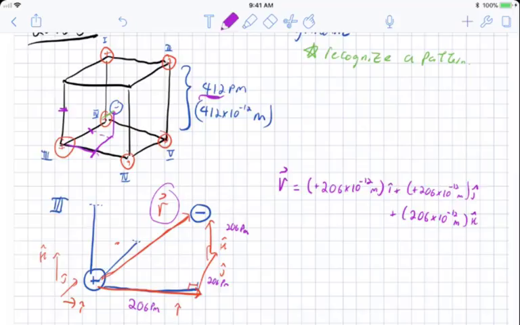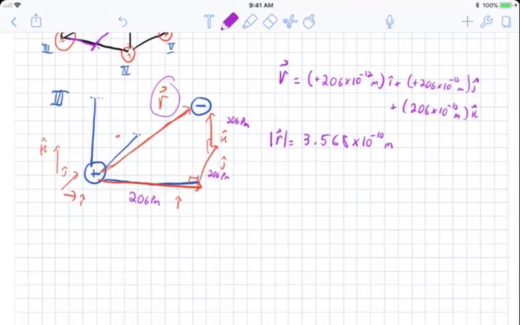And now I can just use the same things we did before to figure out how long this is. So you can use Pythagoras: 206 e to the minus 12, squared, times 3, square root. That gives 3.568 times 10 to the minus 10 meters.